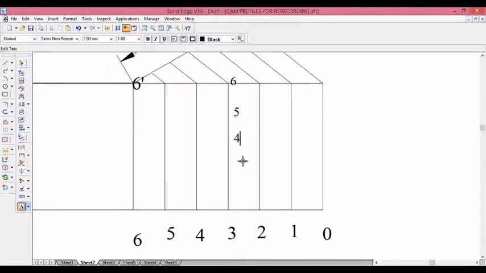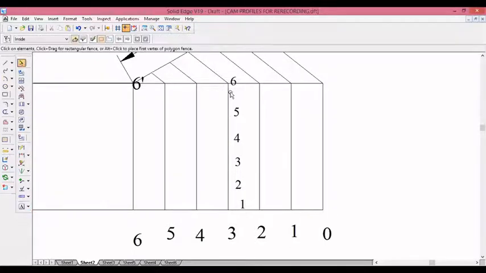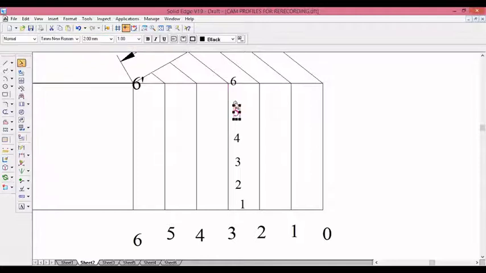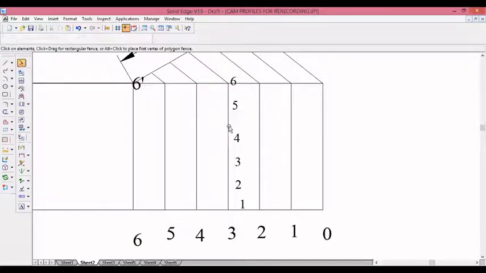This end point is 4, 3, 2, 1. So 5 will be this end point, 4 will be at this end point, 3 exactly at the middle, 2 and 1.